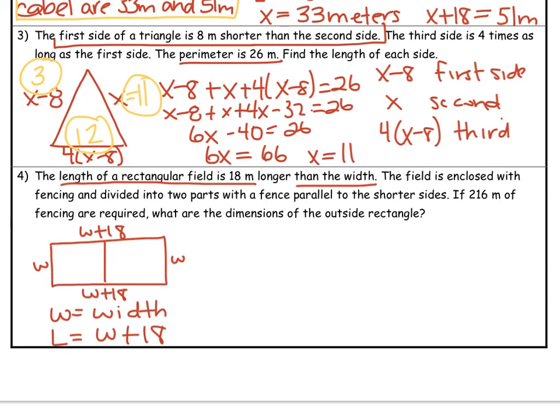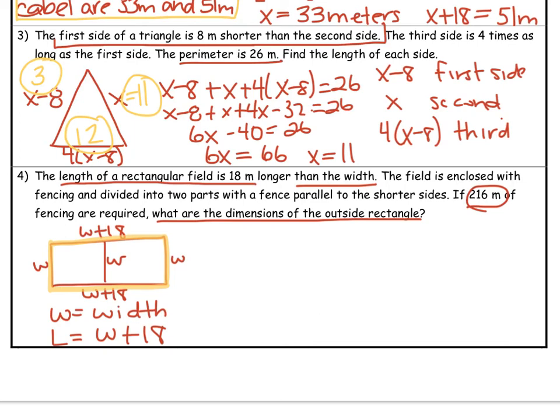So if this line right here is W, and we're in a rectangle, then that also has to be W. If 216 meters of fencing is required, what are the dimensions of the outside rectangle? So we're looking for the dimensions of the outside rectangle, but we do need that middle piece to figure out what W is.